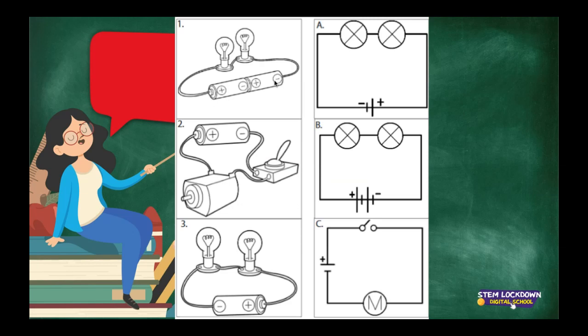So what is the answer for number 1? Is it A, B, or C? Please match number 1 with its correct drawing. I'm going to give you a couple of seconds to have a look.